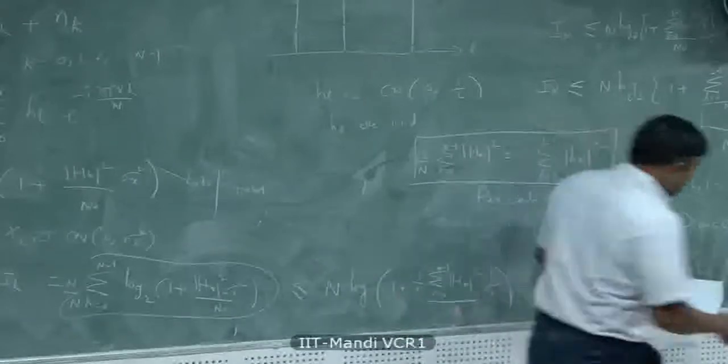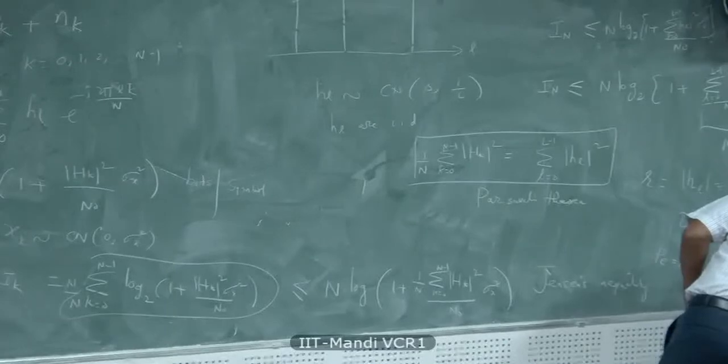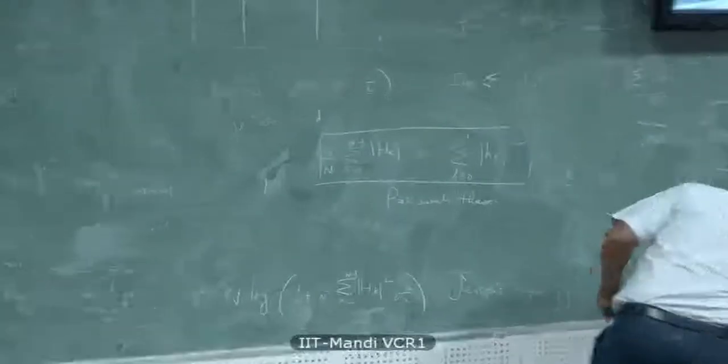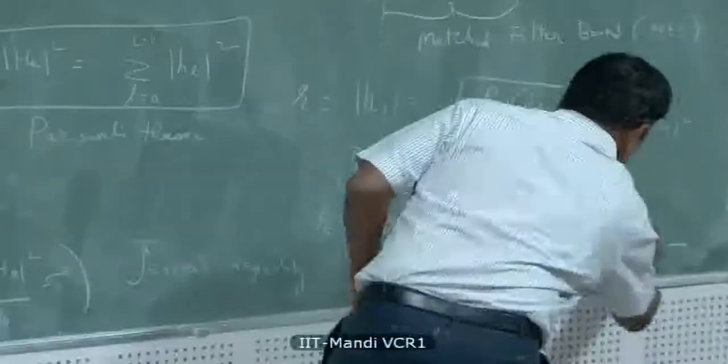It can be shown that the probability of error decays as 1 over, let's say we define some SNR term sigma x squared by N naught, raised to L, and there is a constant k.